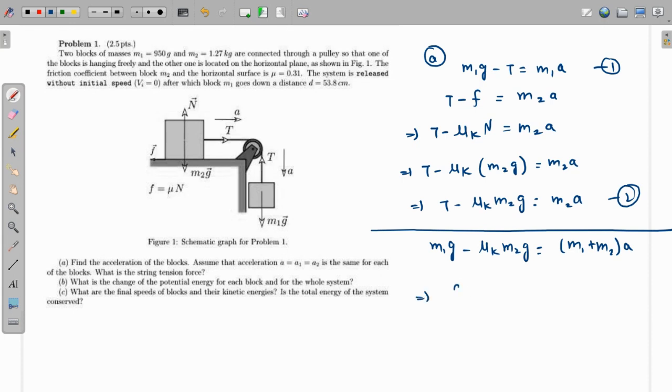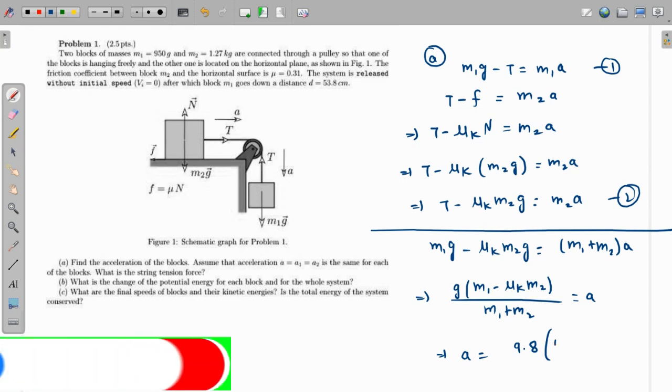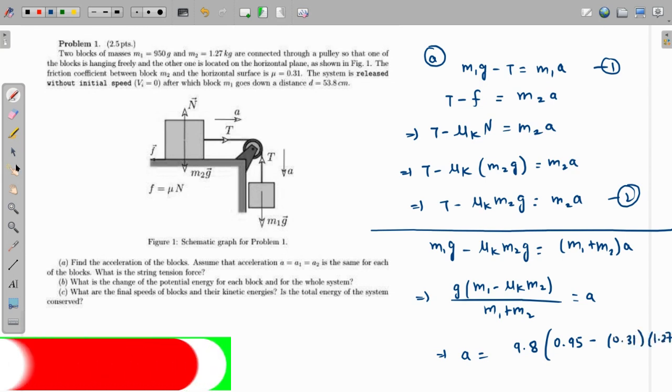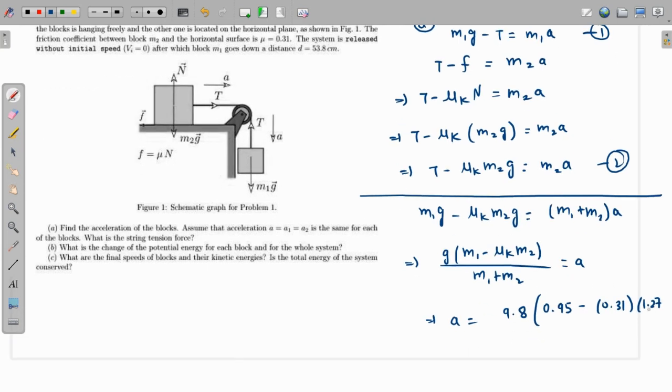So g is taken out. We are left with (m1 minus mu k m2), and dividing both sides by m1 plus m2, we get a. So all we have to do is plug in the values. g is 9.8, m1 is 0.95 kilograms, minus mu k which is 0.31 times m2 which is 1.27, and this should be divided by m1 plus m2, so that's 0.95 plus 1.27 once again.